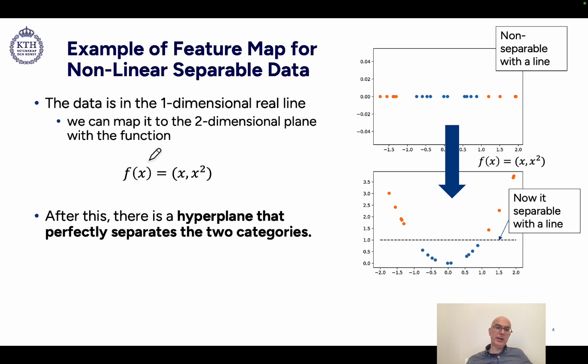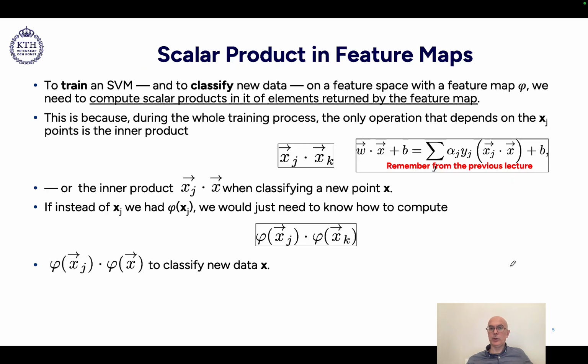But if we apply this feature map and increase the dimension, going from 1 dimension to 2 dimensions, calculating the first coordinate as x and the second coordinate as x squared, we obtain this higher dimensional data set. Note that now we are able to separate the two classes, the orange and the blue. There is a hyperplane that perfectly separates the two categories.